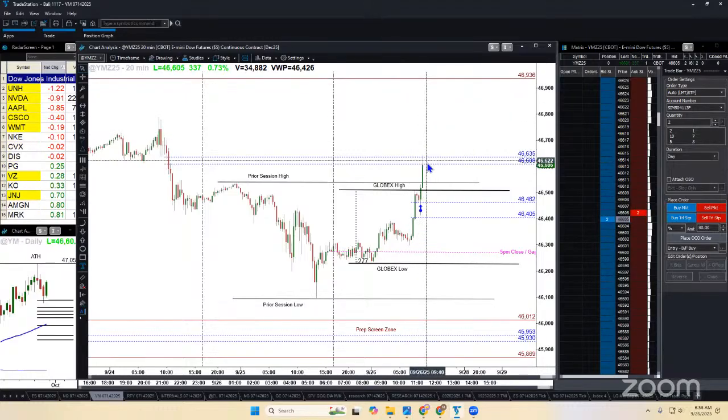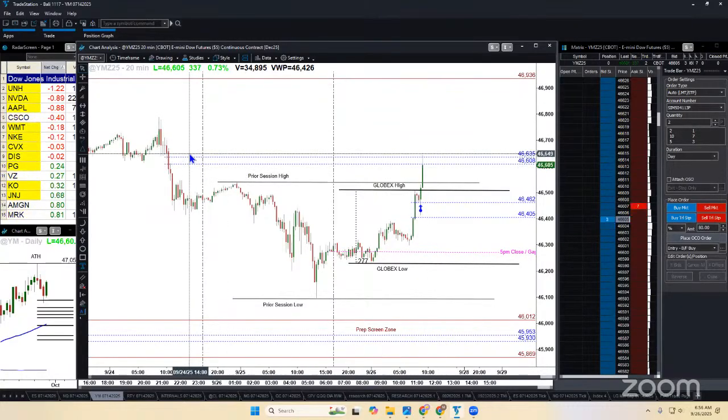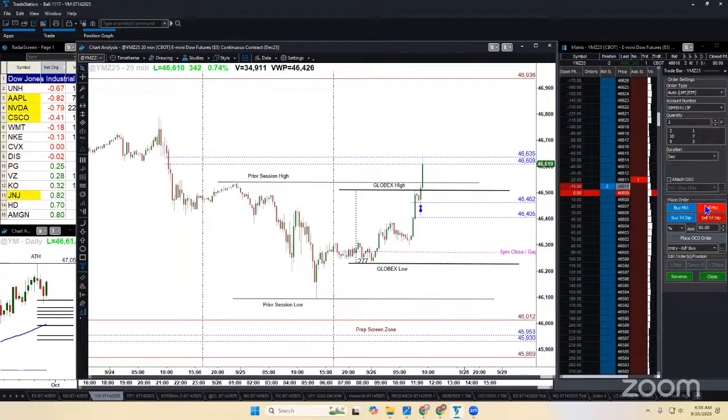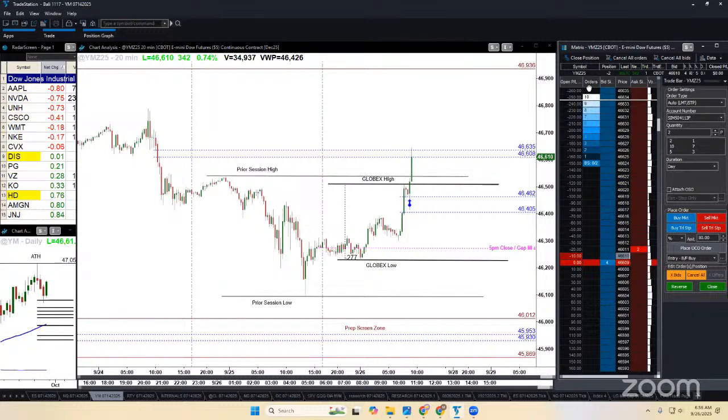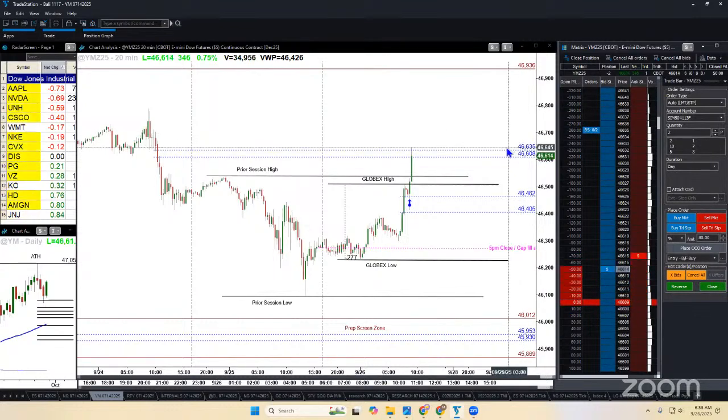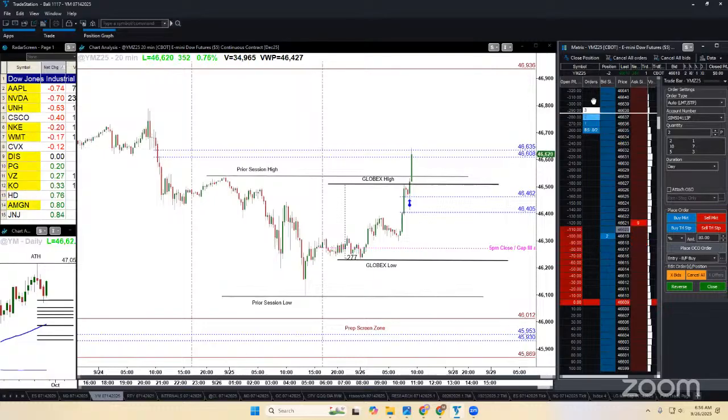I'm going to take a poke at, we just came into a level on the Dow. Order filled. I'm going to take a shot at the Dow, stop loss 35. Bring it up a little bit further.